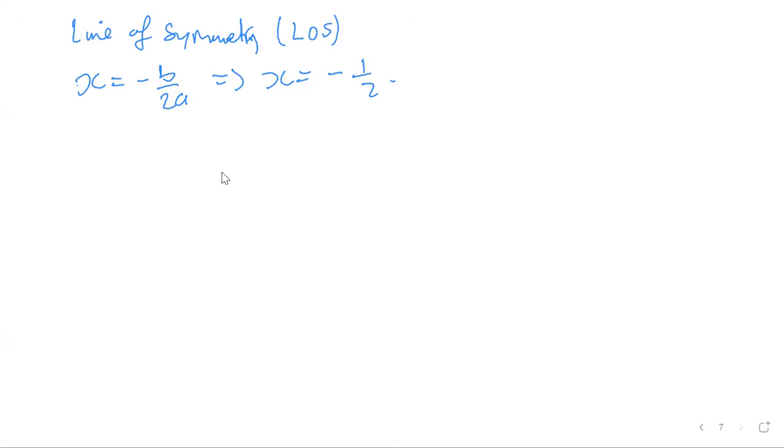Then we are ready to sketch our parabola. Draw the Cartesian plane and sketch our parabola there.